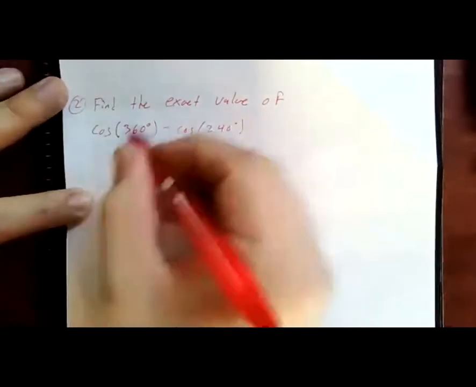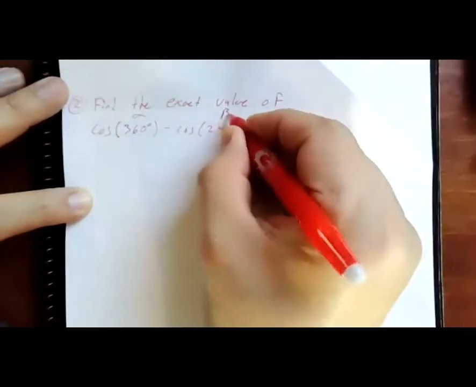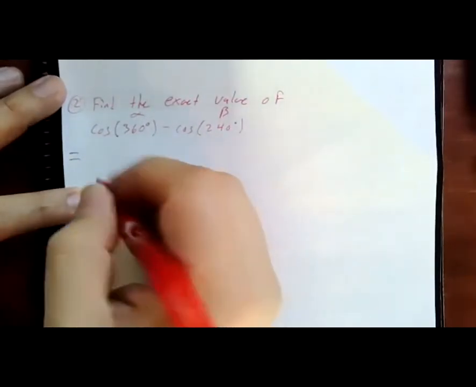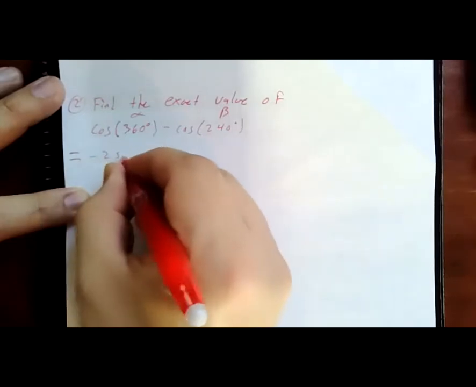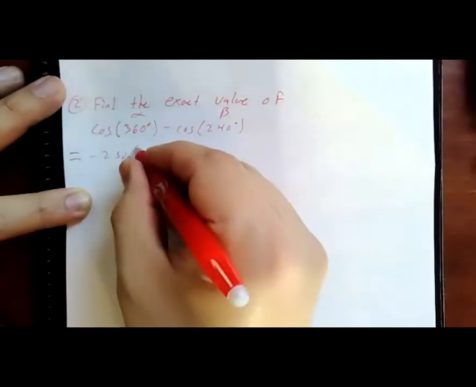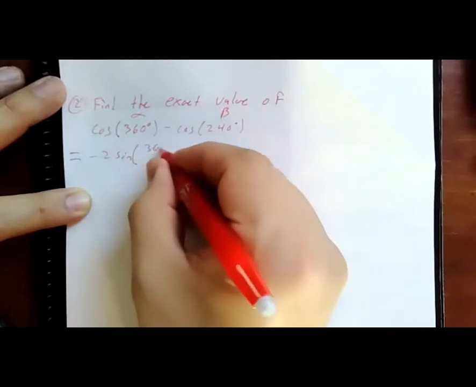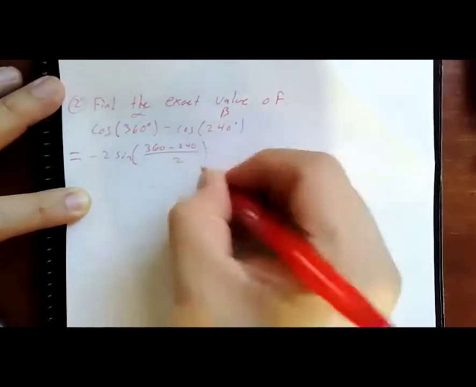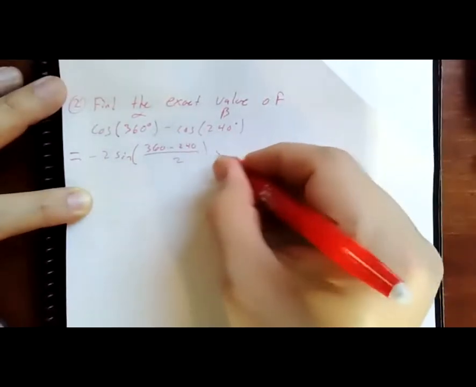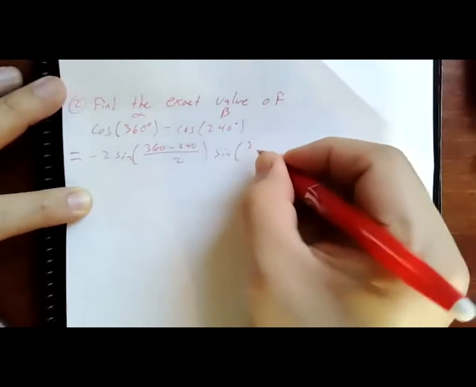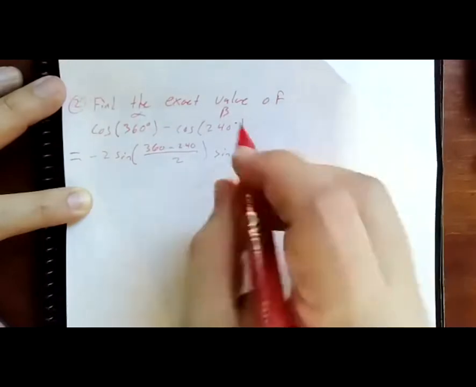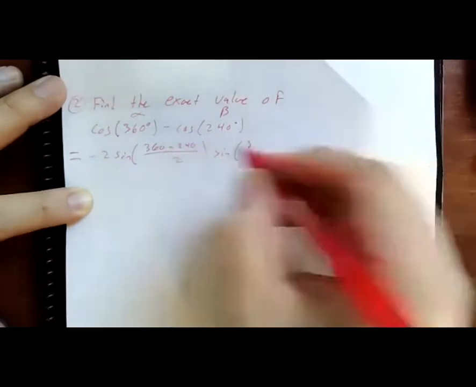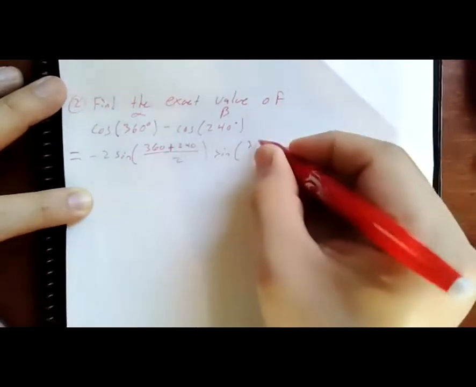So this is my alpha and beta. Applying the formula, this would become -2 sine of 360 plus 240 over 2 times sine of 360 minus 240 over 2. Actually, this should be plus, yeah. This one's minus.